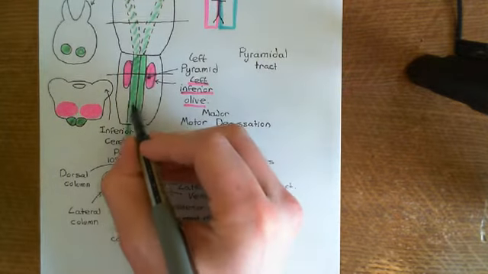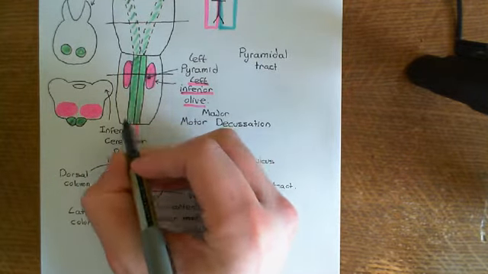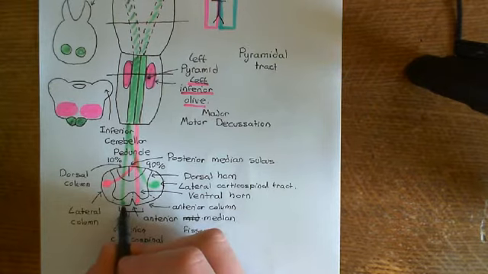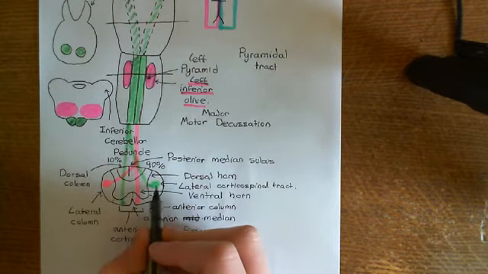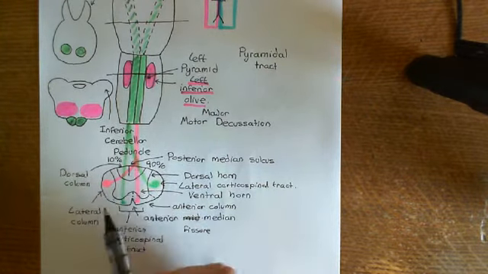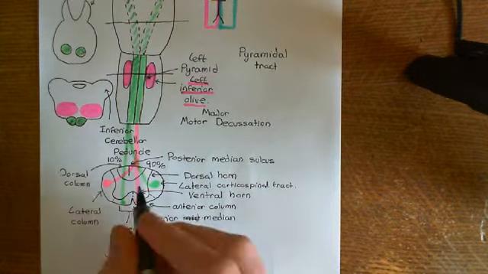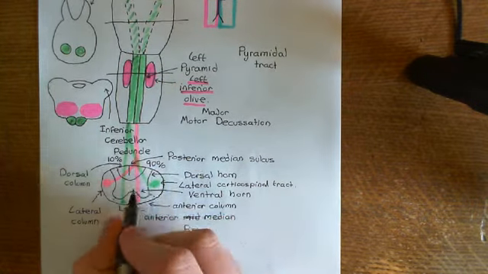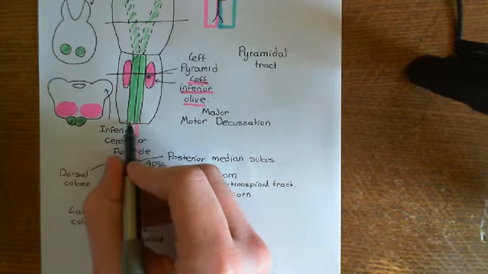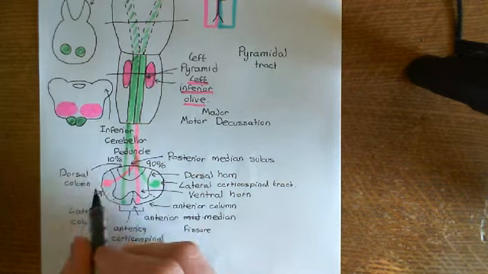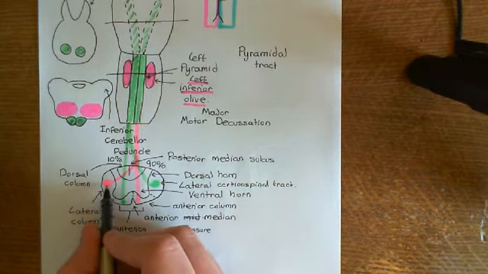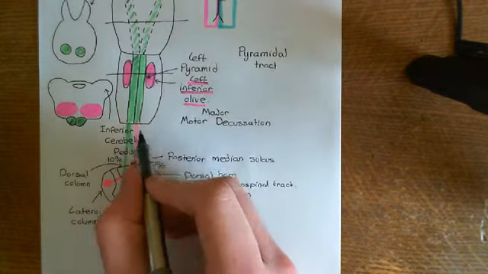Whereas the right corticospinal tract is going to give rise to the right anterior corticospinal tract and the left lateral corticospinal tract. So be aware that the left lateral corticospinal tract comes from the right corticospinal tract, and the right lateral corticospinal tract comes from the left corticospinal tract.